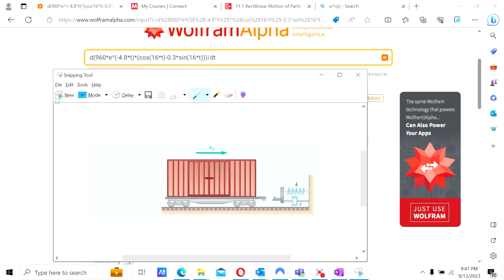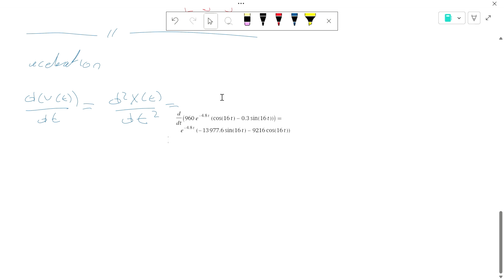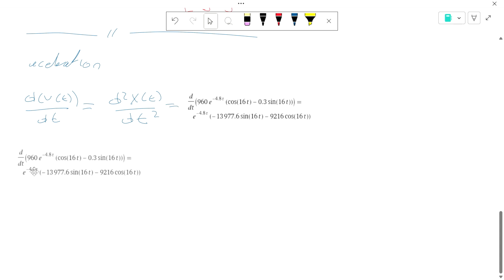Okay, this is the derivative. Actually the derivative is right here because this is the velocity. So we need to focus on this part.